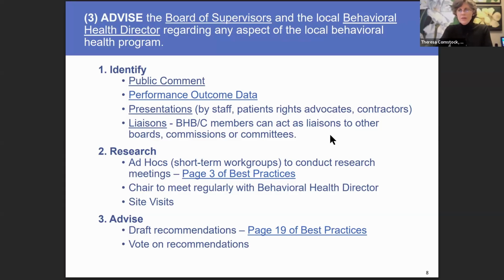And tools that we recommend for that would be having ad hoc committees. That could be 2 or more members that have a short-term goal, to research this topic and possibly come up with a recommendation. Or sometimes they could come up with an issue brief on the topic. And then they should also work through the chair. The chair should be that contact with staff.